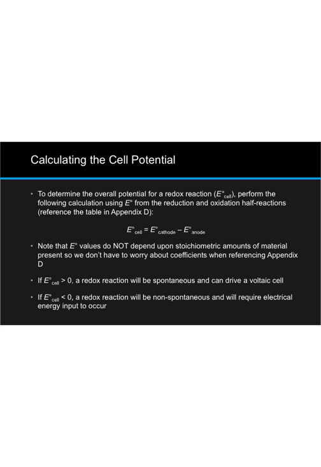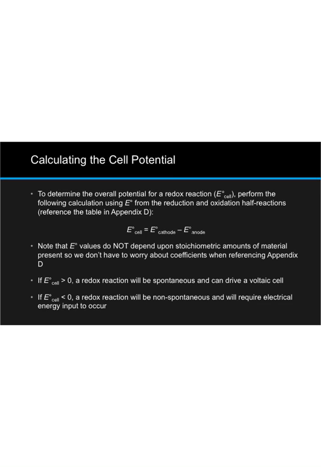What we say is that in calculating this standard cell potential, if the result is greater than 0, then that electrochemical cell represents a redox reaction that's spontaneous. And a spontaneous redox reaction is capable of powering a voltaic cell, one that can generate electrons that do useful work for us.